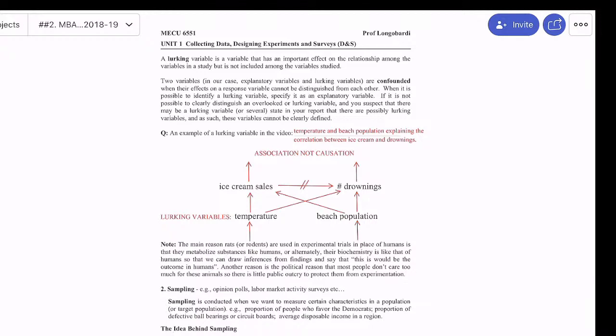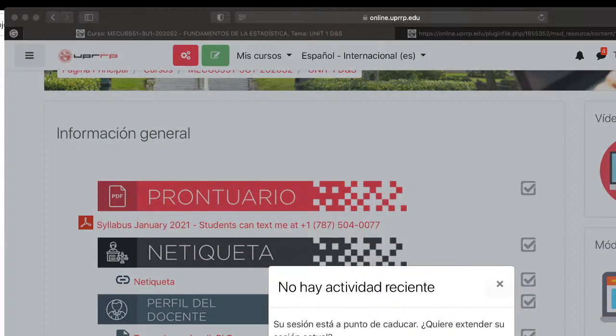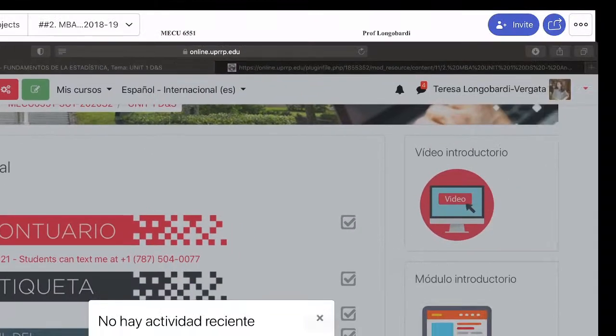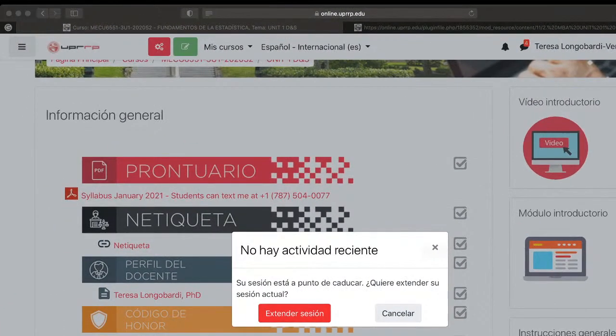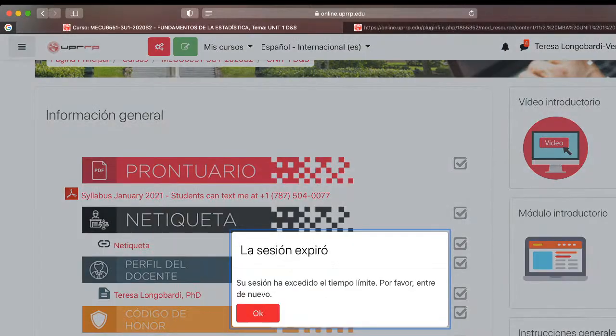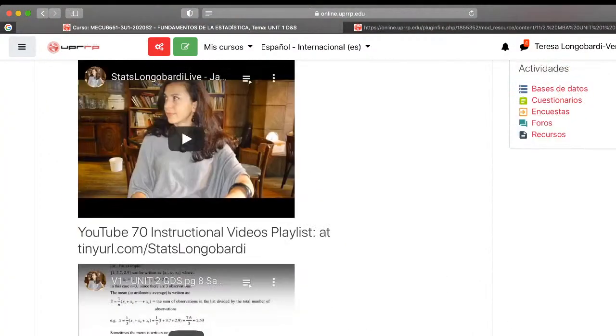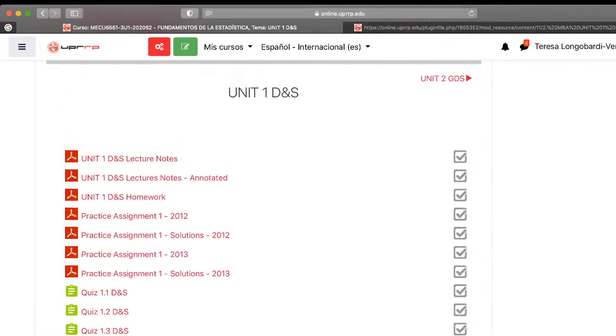Let me just show you the Moodle page and what I expect you to do. For this week, work through the homework, try the assignments, and the quizzes.